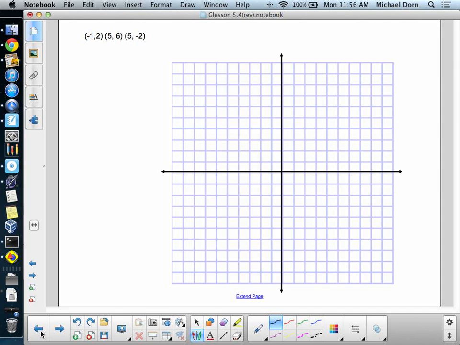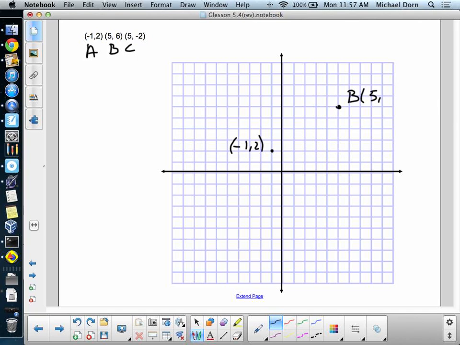Another thing your homework tends to look at is this sort of thing. Here is coordinate plane work. We need to find the centroid of this triangle. Find the exact location of the centroid. Well, let's start by finding the vertices. We'll call these points A, B, and C. A is at -1, 2, so we'll put that in. B is at 5, 6. 1, 2, 3, 4, 5. 1, 2, 3, 4, 5, 6.